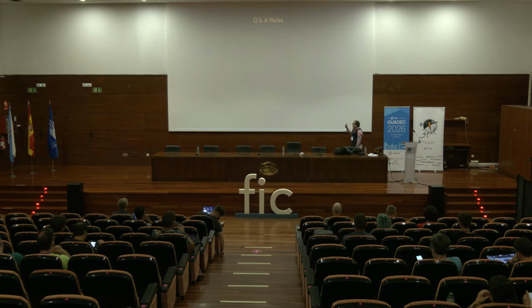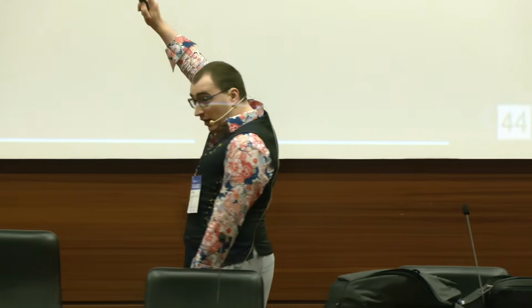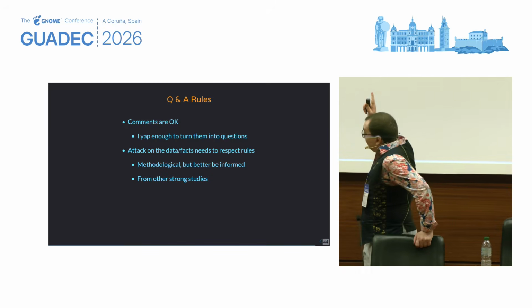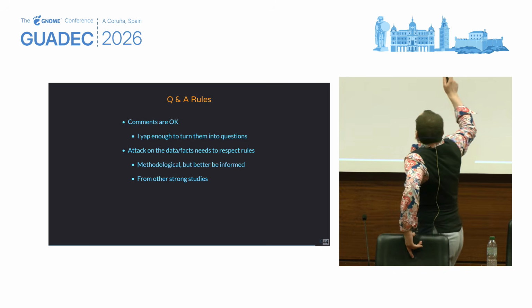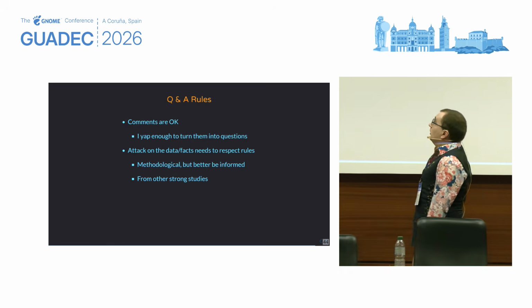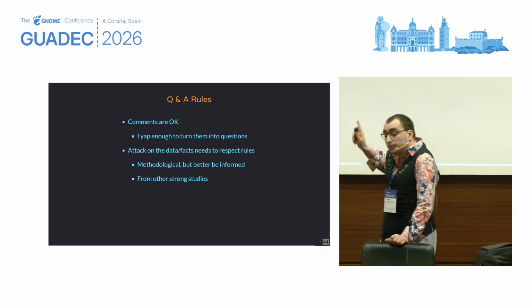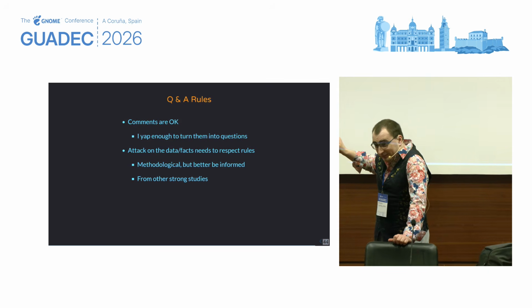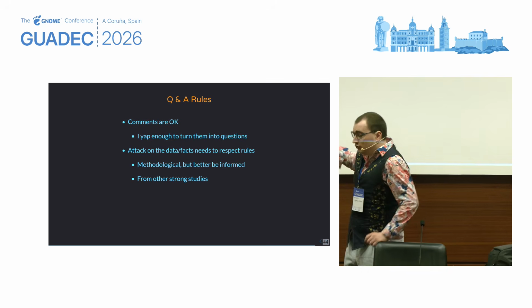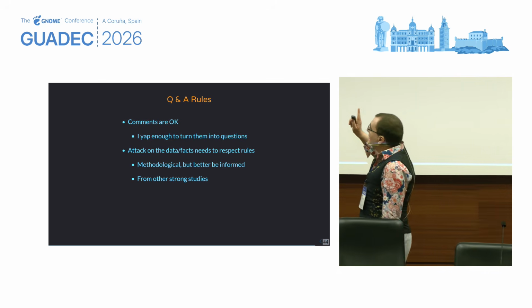Before I go into Q&A, I have some rules. Comments are OK. I know, you don't expect this one. I yap enough to turn any comment into a question. That's not a problem. But attacks on the data and facts need to respect these rules. You can attack the methodology, but you better be informed about the methodology that was used, because otherwise you're just going to spend everyone's time for nothing.